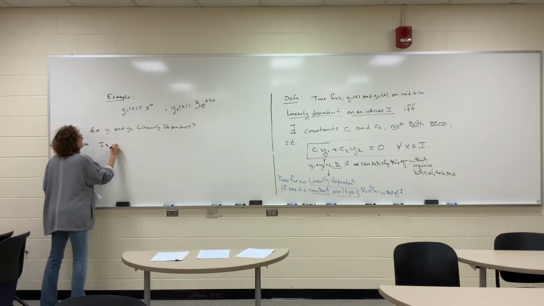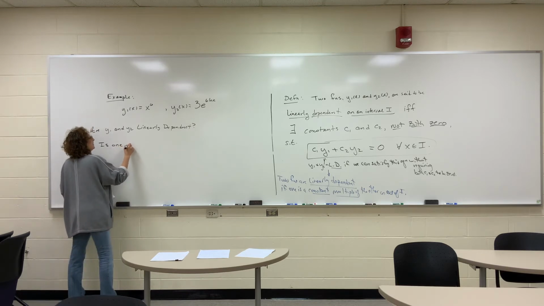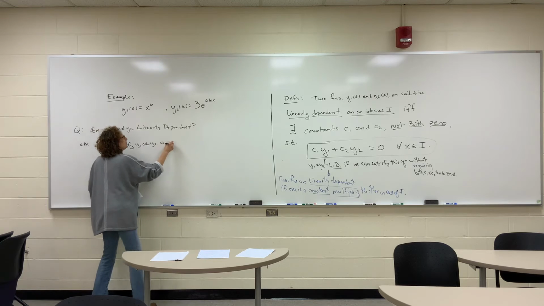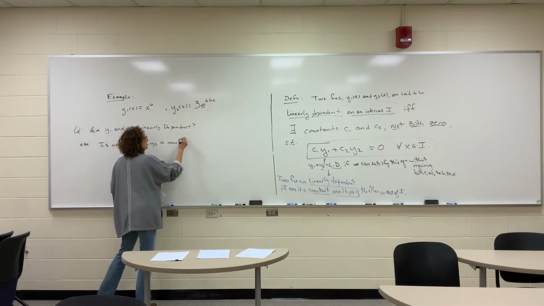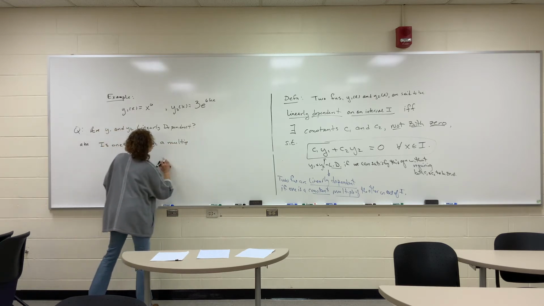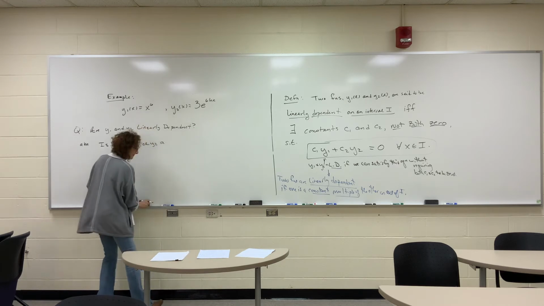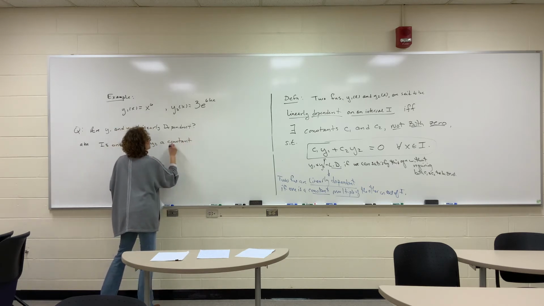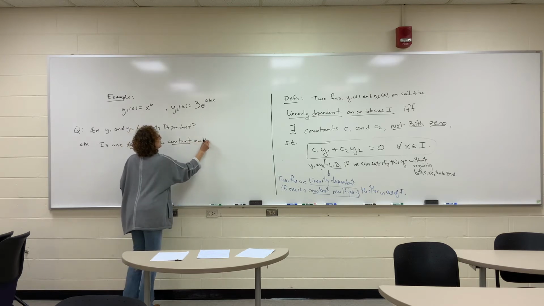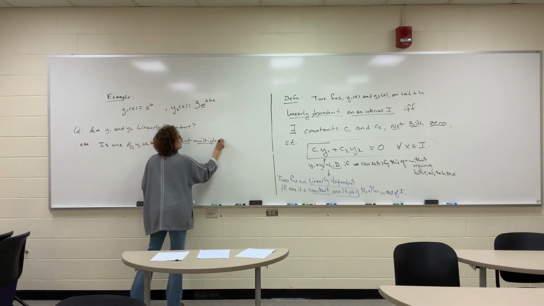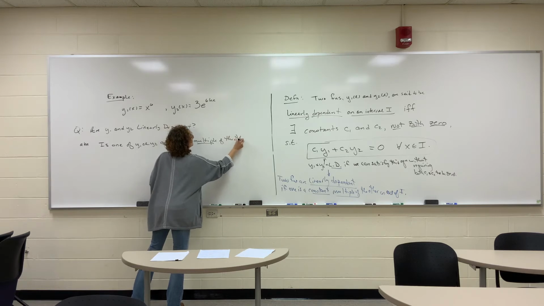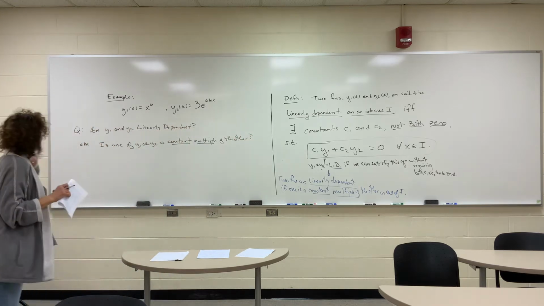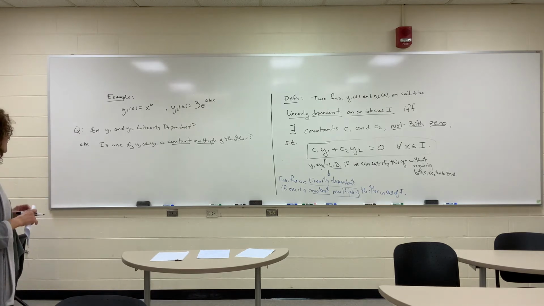is one of y1 or y2 a multiple of the other. A what type of multiple? Matters. Constant multiple, yeah, right? Constant multiple. How's the other? Okay, what do you think? Is one of those functions a constant multiple of the other?